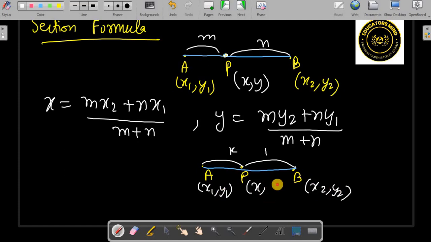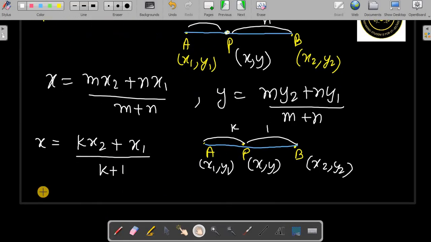So this x, y can be calculated as (k x2 + x1) / (k + 1). Similarly, the y coordinate will be calculated as (k y2 + y1) / (k + 1).